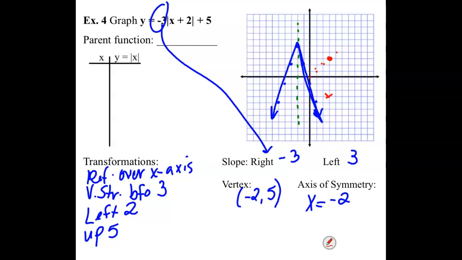Then I'm going to stretch it by a factor of 3. Well, right now it's at negative 3. If I multiply that by 3, I'm down here at -9. And then it says I have to go left 2 and up 5. So it's fitting what we said it should fit. Yes? Okay.